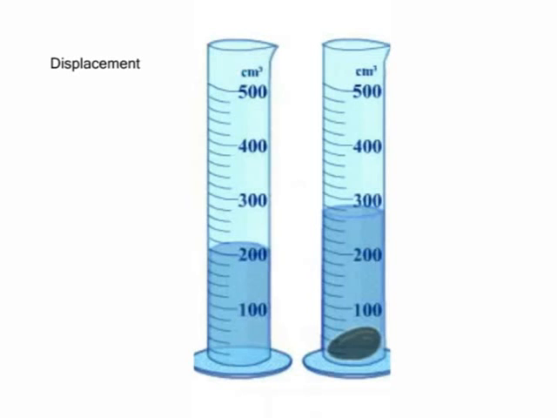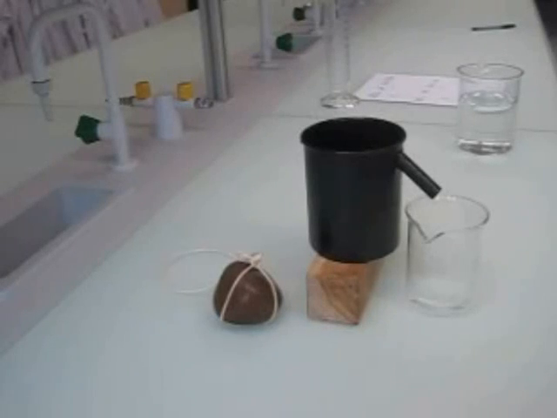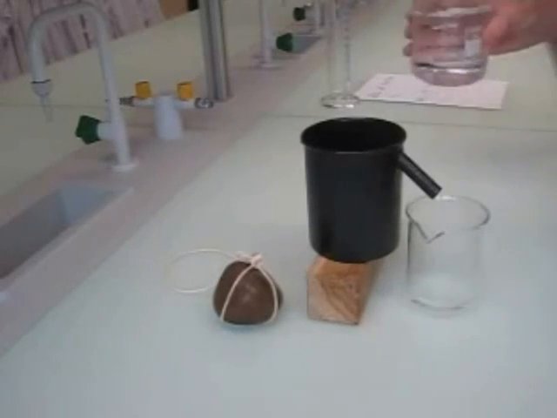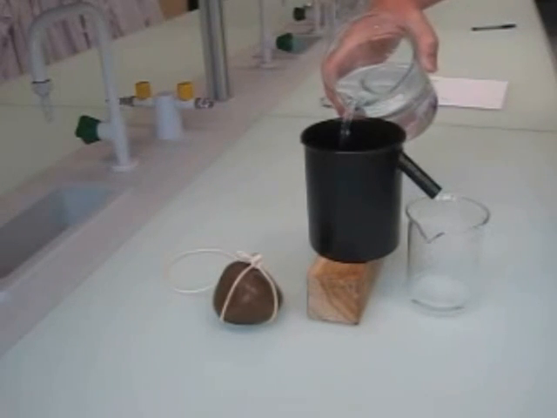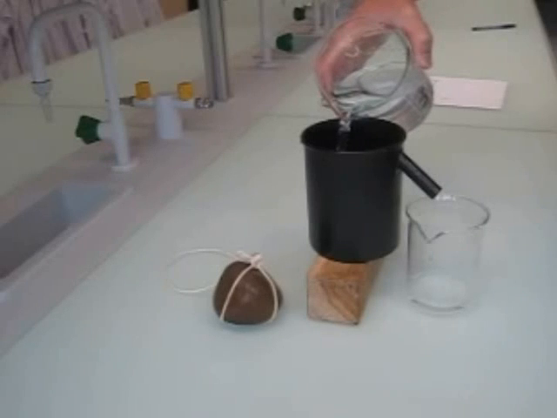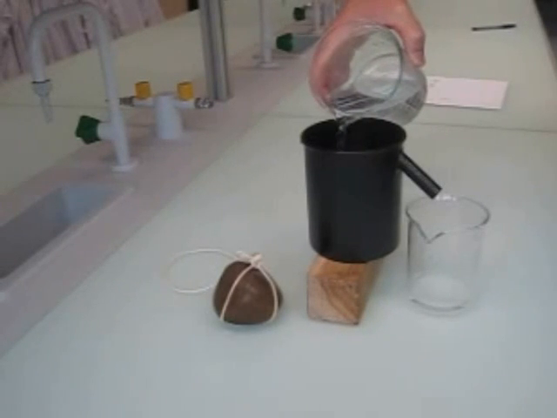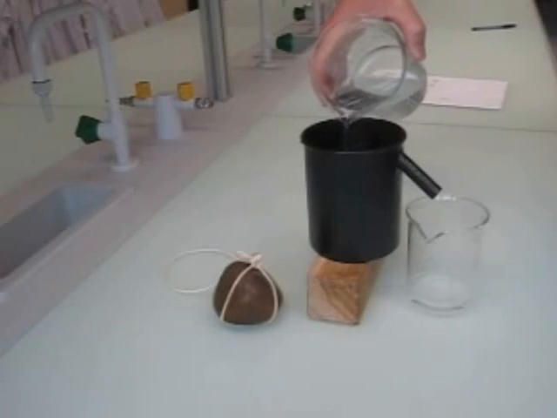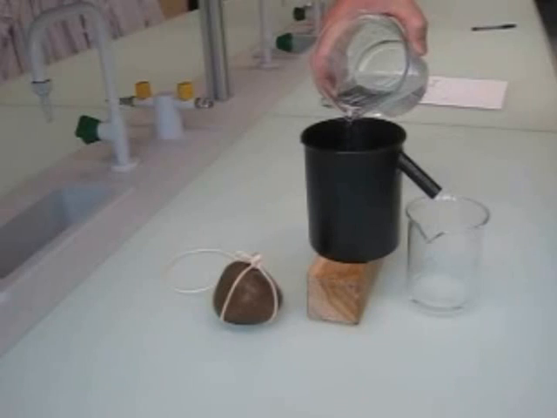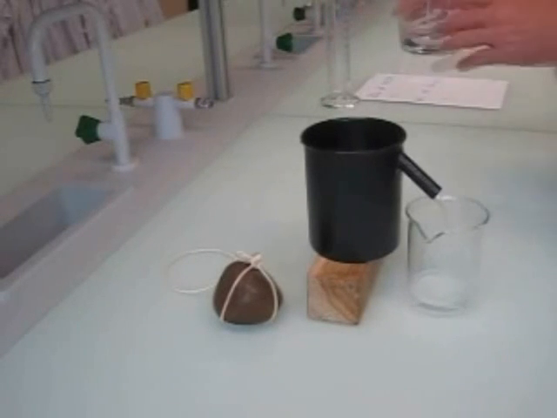One of the methods of measuring such solids is using a Eureka can. Now, a Eureka or displacement can is a container with a spout from the side. It is used to measure volumes by displacement method. We first fill the Eureka can with water until it flows out of the spout.